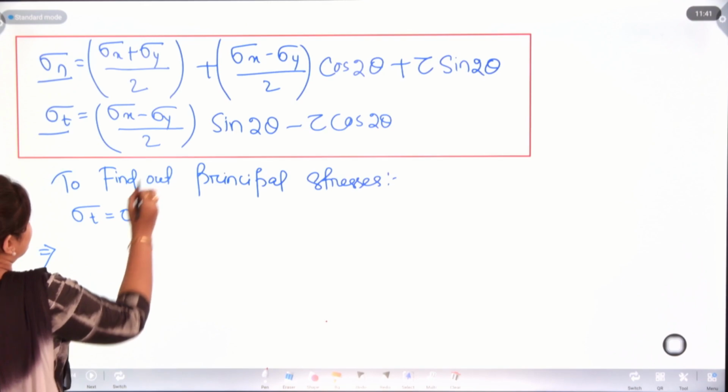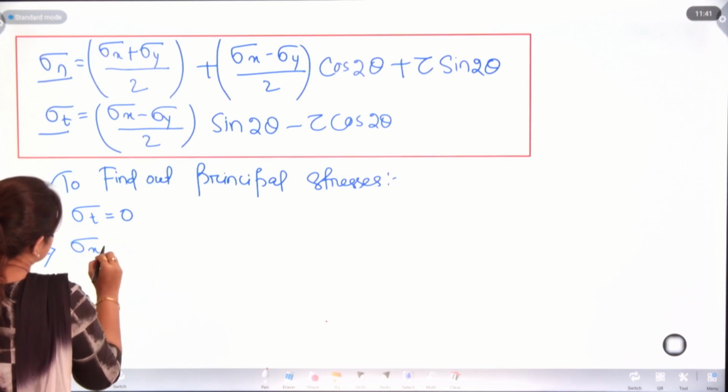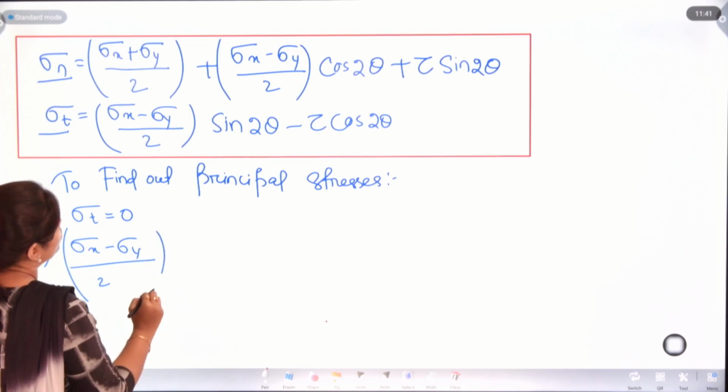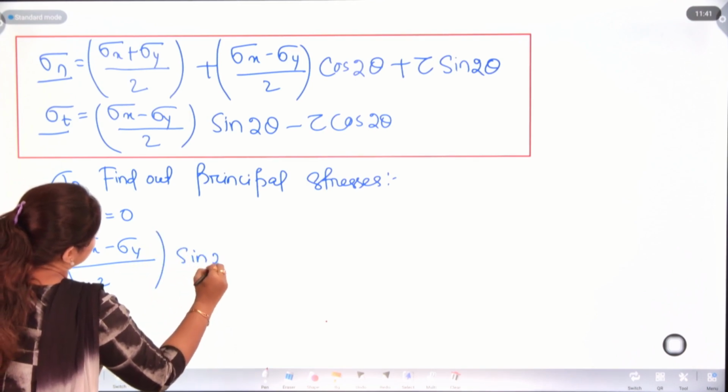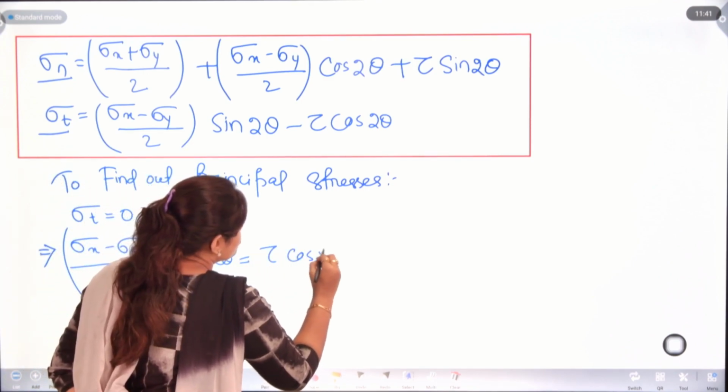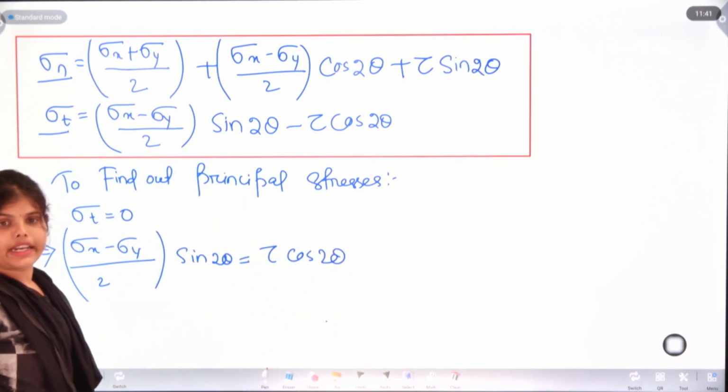Then we can write that sigma x minus sigma y upon 2 into sine 2 theta is equal to tau cos 2 theta.